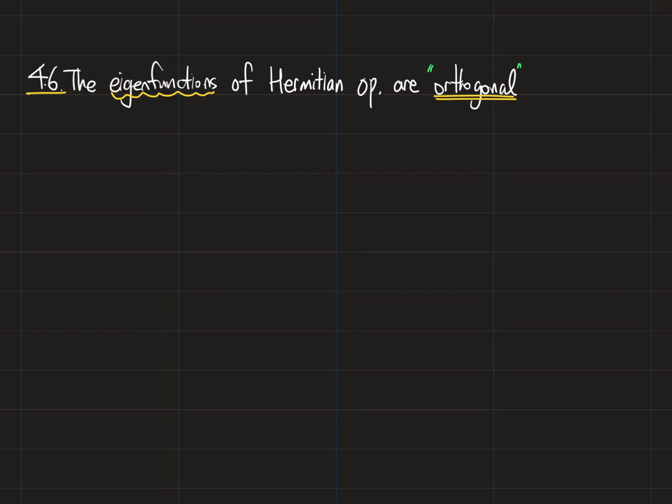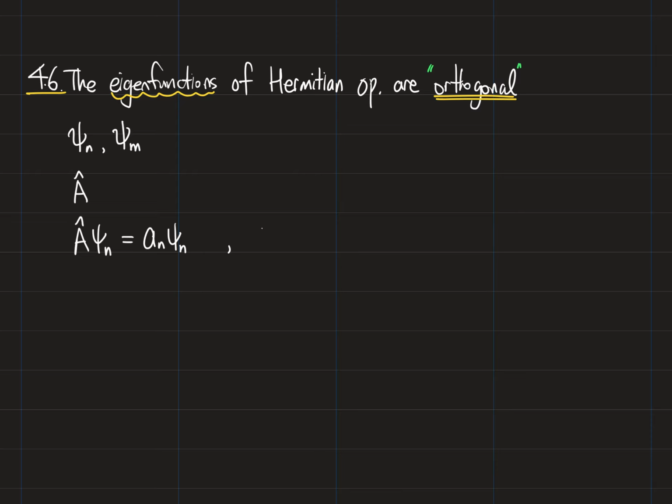So let's consider two distinct functions, psi n and psi m. These are eigenfunctions of operator A with eigenvalues an and am. That means if you apply the operator A on wave function n, you will obtain an eigenvalue equation something like this.